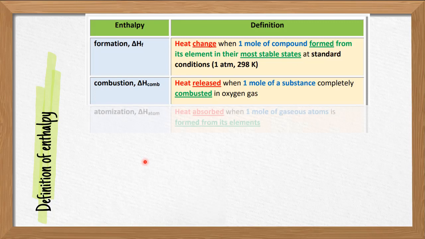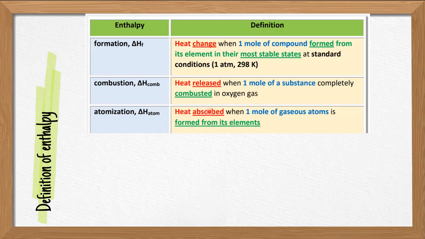Next, we have the enthalpy of atomization. It refers to heat absorbed, so delta H is a positive value, when 1 mole of gaseous atom is formed from its element. In this case, we want to focus on the product because 1 mole of gaseous atom is formed. Let's say we want to form 1 mole of sodium gaseous atom.